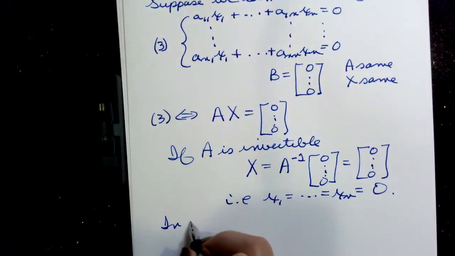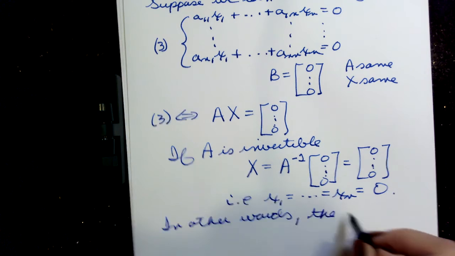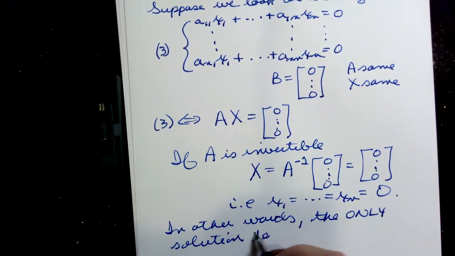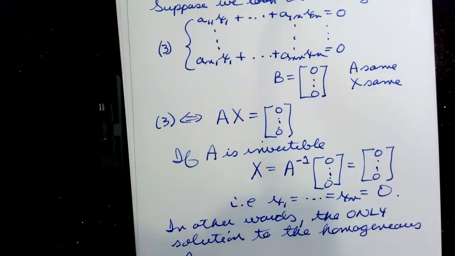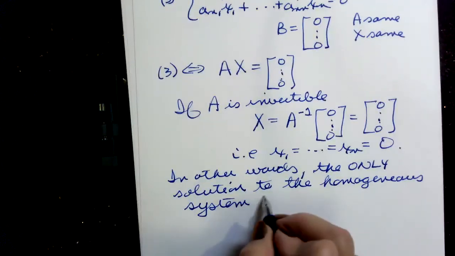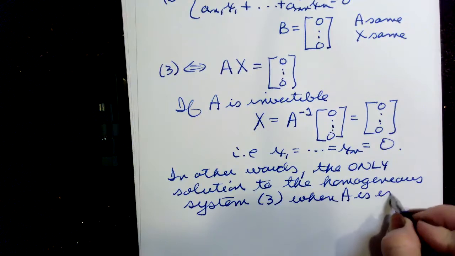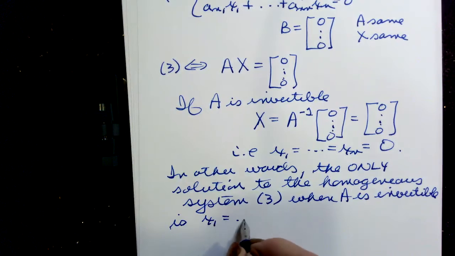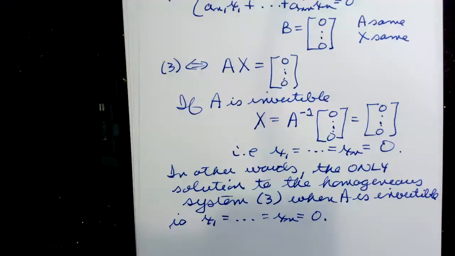So in other words, the only solution to the homogeneous system 3, when A is invertible, is the zero solution, where all the unknowns are each equal to 0. Okay.